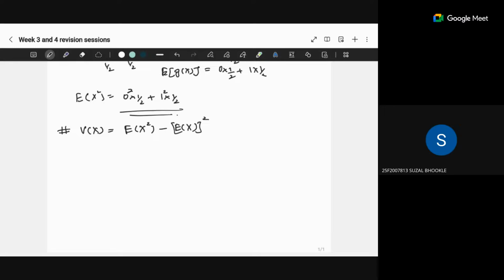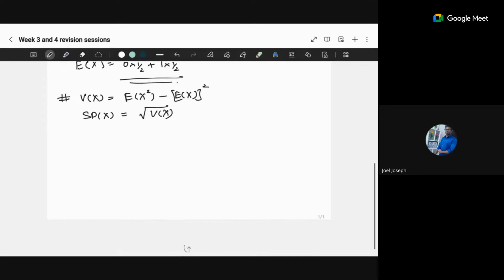This is my variance. And what is my standard deviation? It is the square root of the variance of x. What does my variance basically tell us? It tells us the spread of the data, how much the spread of the variables is, the deviation from the mean.